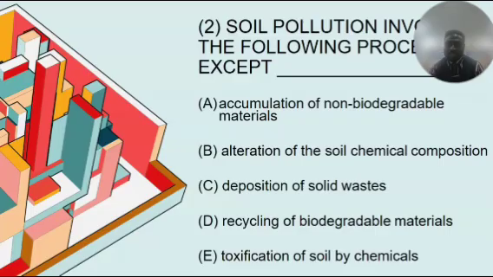So what's the correct option to this question? Can you pen it down in your biology notes? So the correct answer here is option D, recycling of biodegradable materials is not a feature of soil pollution, but the other options, option A, B, C, and E, are all effects of soil pollution.